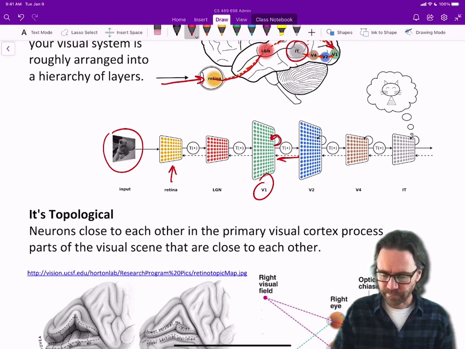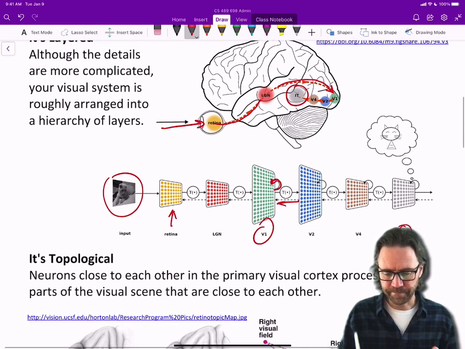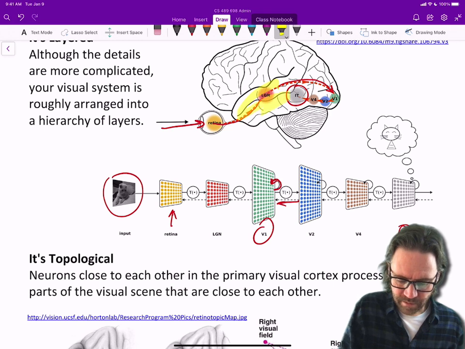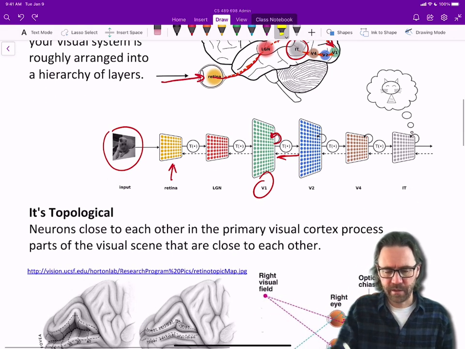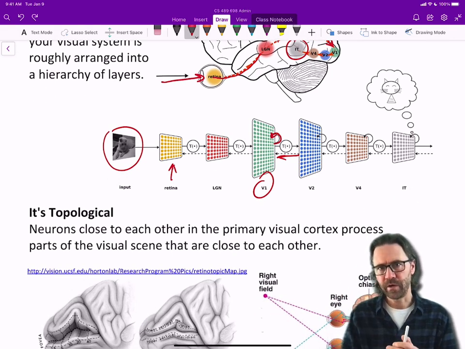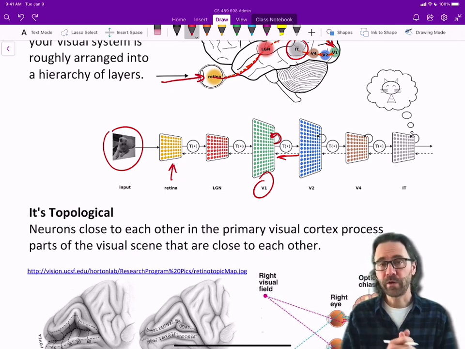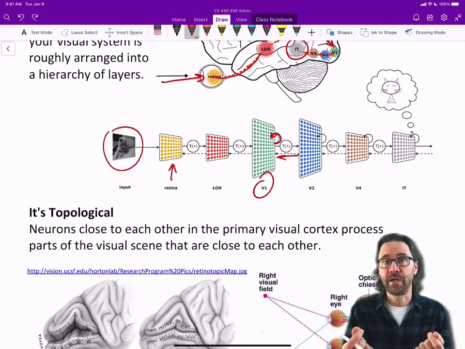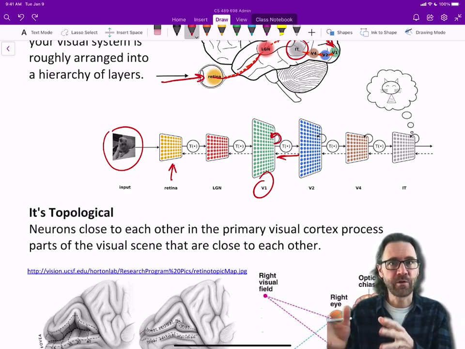Because ultimately, in IT, which is the inferior temporal region of your brain, the temporal lobe is this thing hanging off the side here. The inferior temporal region contains a bunch of neurons. It's also called the fusiform gyrus, or the fusiform face area, maybe you've heard of, where neurons seem to respond to specific objects. Like a pair of scissors, there will be a set of neurons that only get excited when you're looking at scissors.